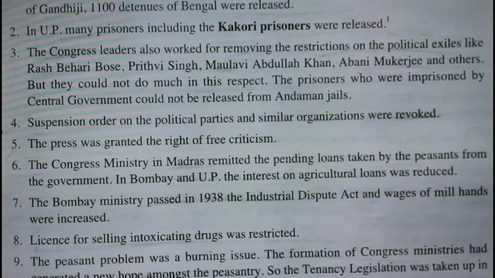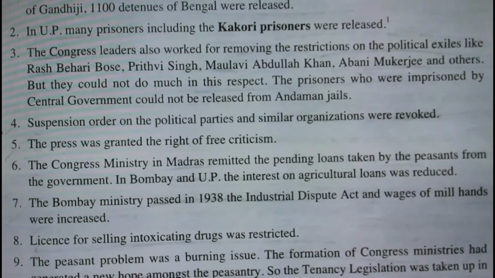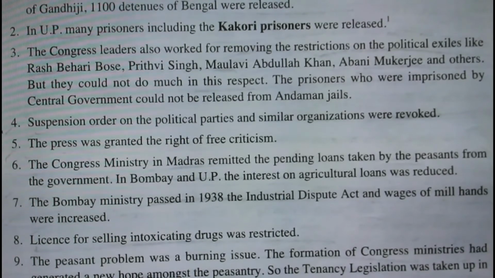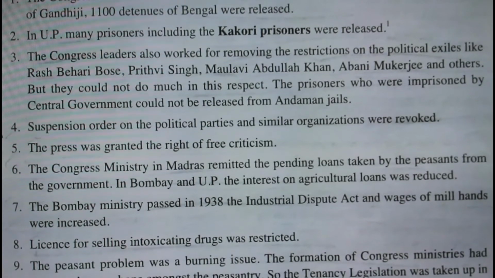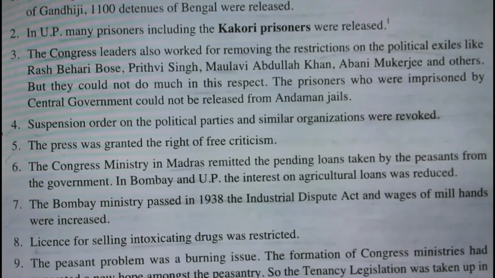In spite of the limited powers, the Congress ministries introduced a number of popular reforms. Let us see a few of them. Congress was committed to release all the political prisoners. The Congress leaders also worked for removing the restrictions on political exiles, and suspension orders on political parties and similar organizations were revoked.